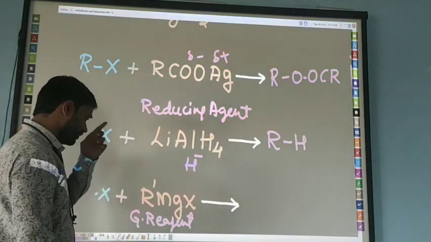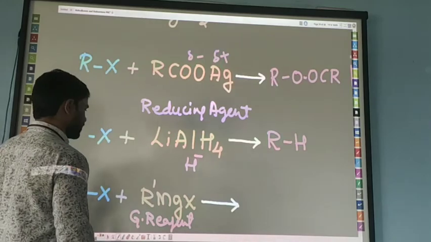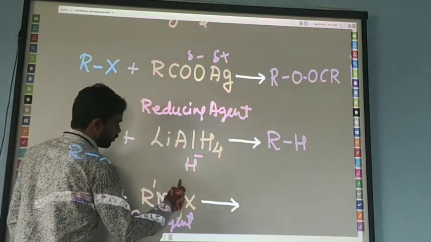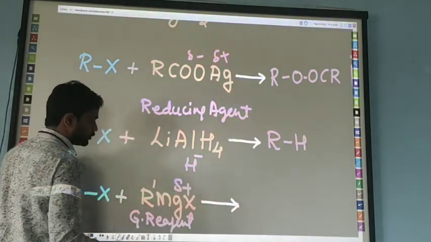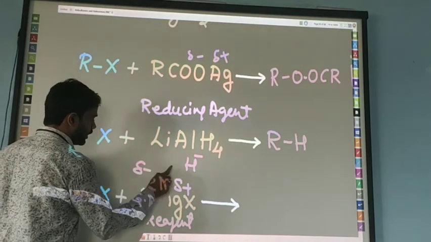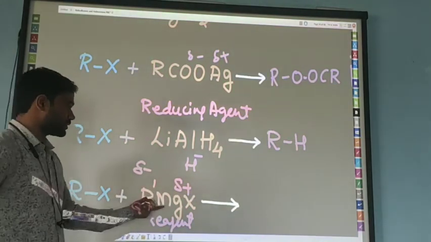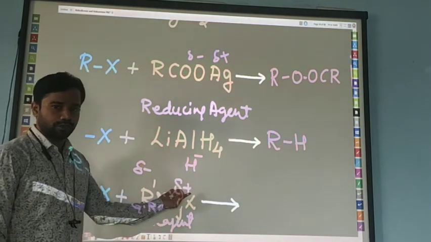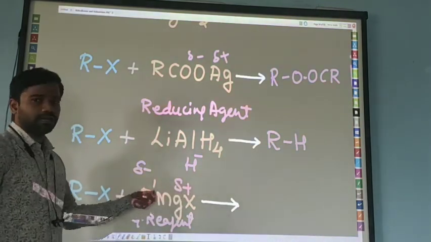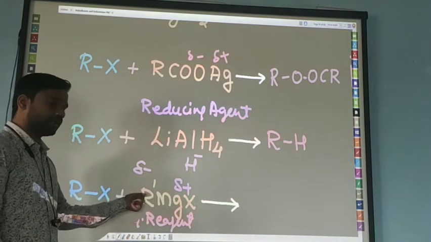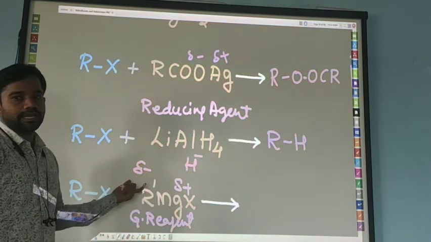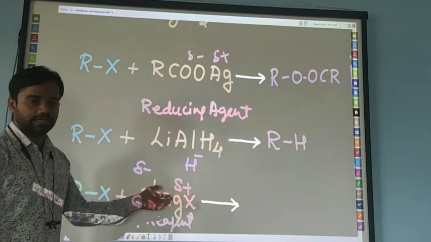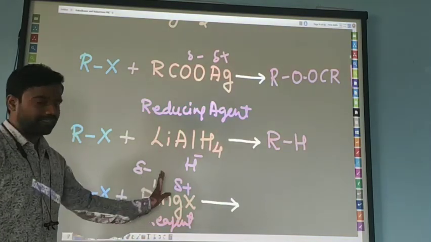In the bonding, the MgX is going to carry the delta positive charge, and the R dash is going to carry the delta minus. Why? Because the metal is electropositive, and carbon is more electronegative than the metal, that's why it shows the delta minus form.